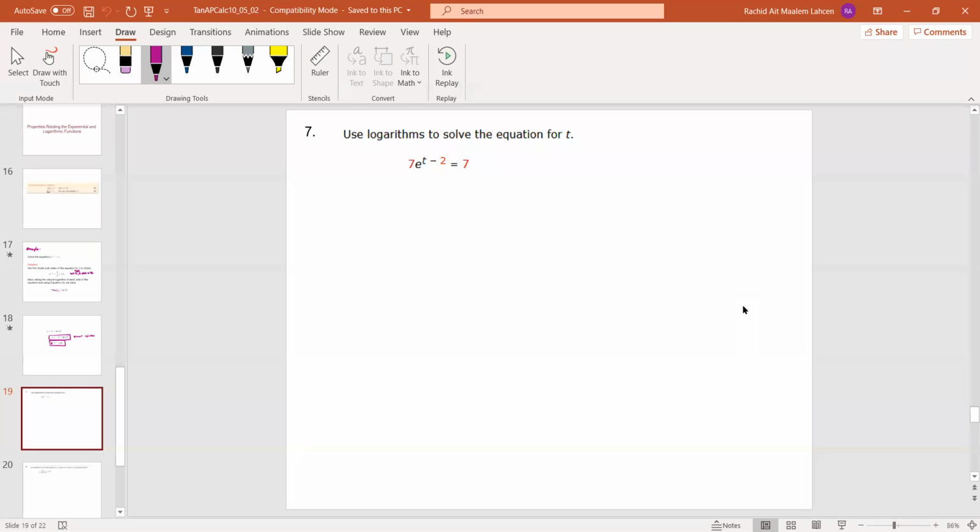So let's use logarithms to solve the equation, or use the properties, whichever are needed here, to solve for t. So to get t by itself, we need first to get this e by itself. So we divide by 7.